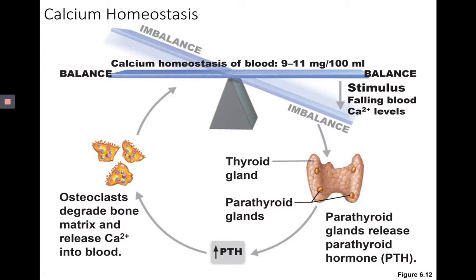So an upregulation or an increase in the amount of parathyroid hormone in your blood will actually activate osteoclasts. Osteoclasts resorb bone, so their resorption will degrade the bone matrix and release the calcium phosphates into the blood. Calcium being added to the blood will raise calcium levels, returning you back to a homeostatic balance, and that would be the effect that occurred because of the initial stimulus, which was a drop in blood calcium levels.